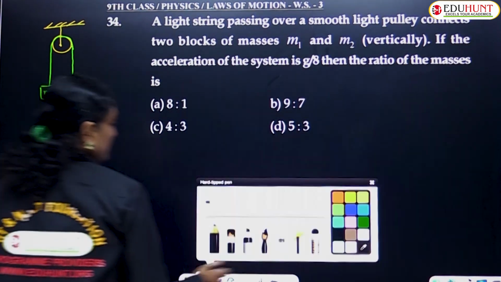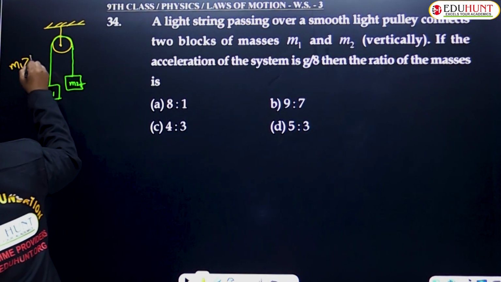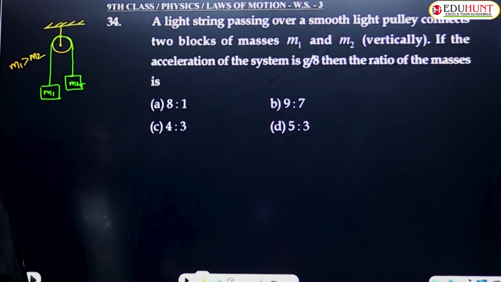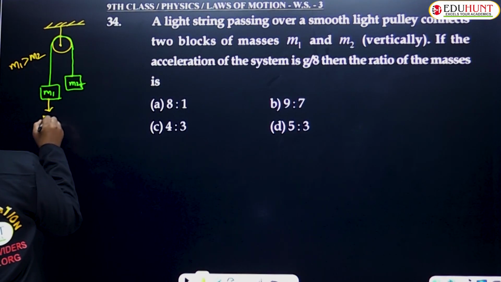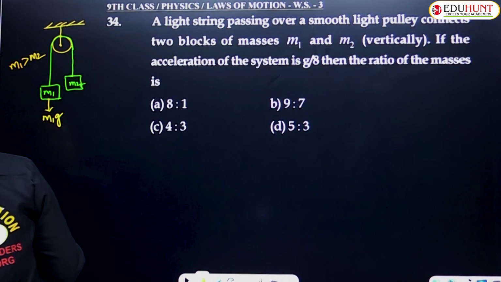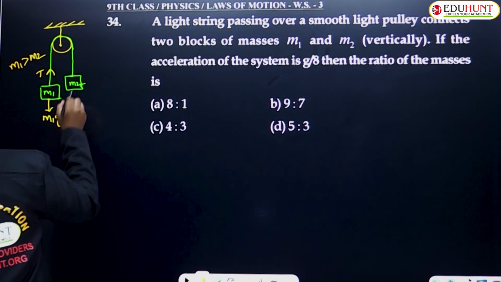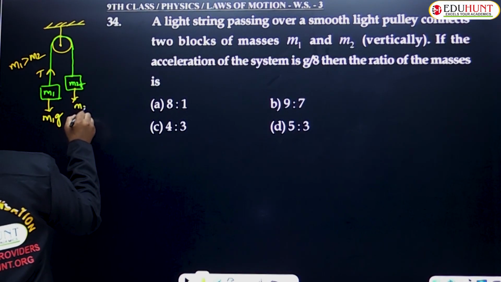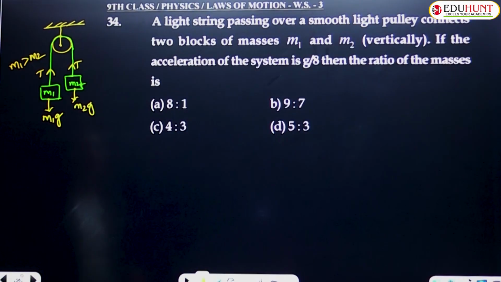Let us also assume that the mass m1 is greater than m2. No doubt the weight of m1 is acting downwards as m1g, and the tension in the string is T upwards. Here also m2g downwards, whereas the tension in the string is the same, that is T upwards.